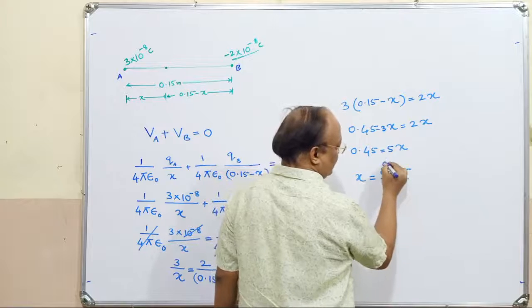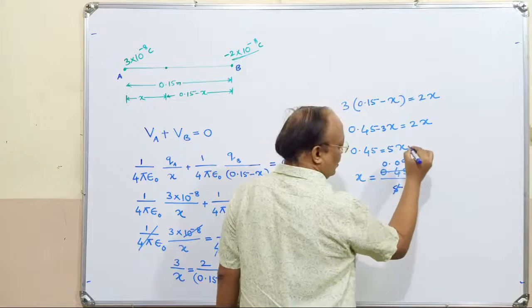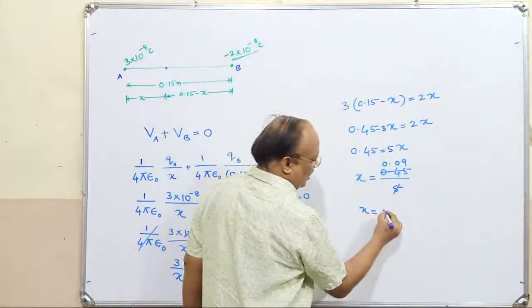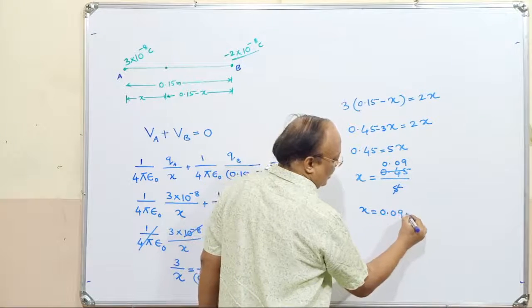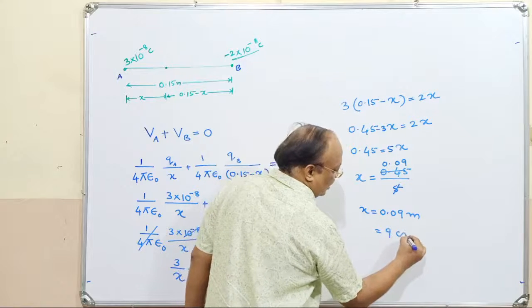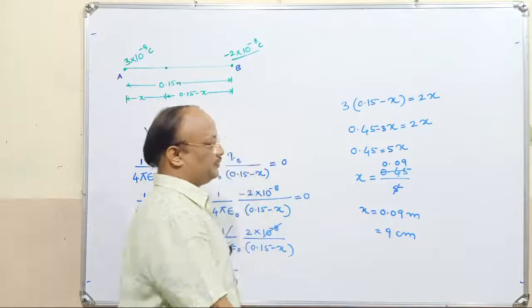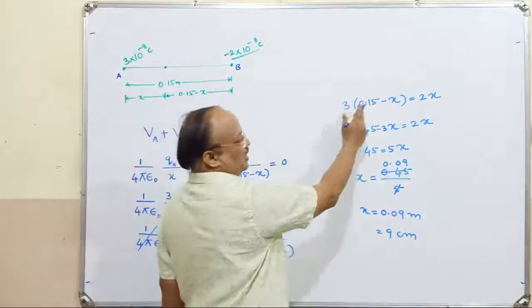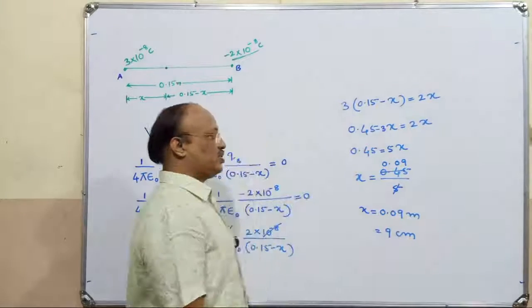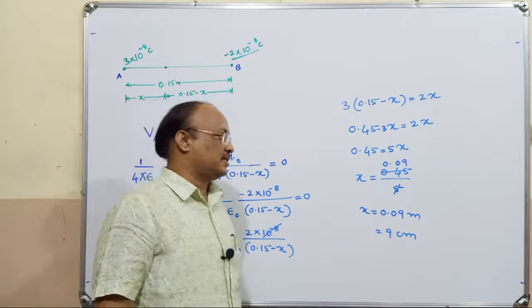So X is equal to 0.09 meter, which is nothing but 9 centimeter.